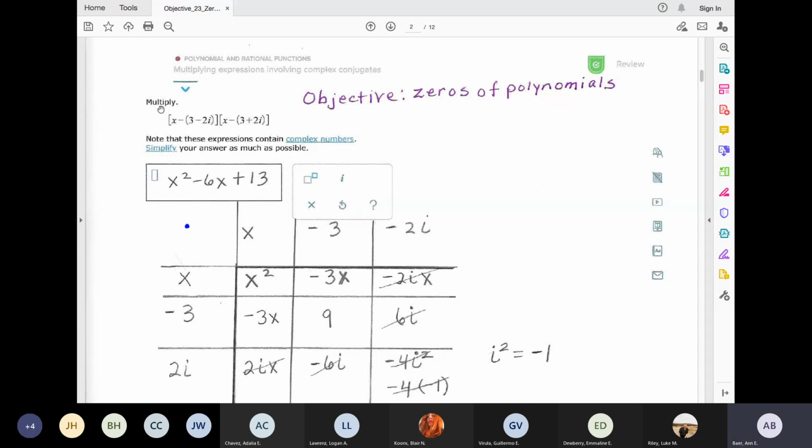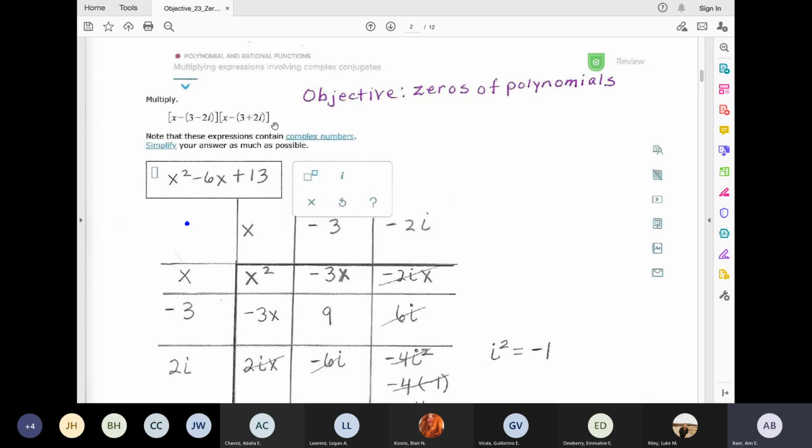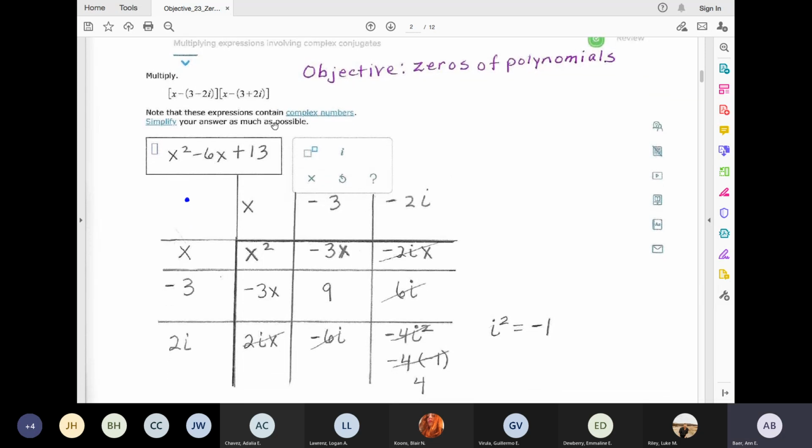So what we want to do here is the reverse of factoring, multiplying. So we want to take this factor and multiply it times this factor. So you notice this is x minus a 0, 3 minus 2i. This is x minus a 0, 3 plus 2i.